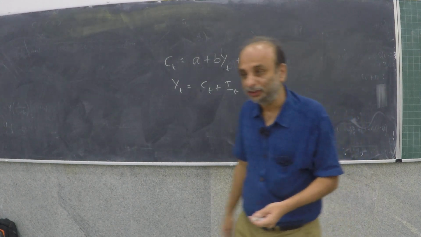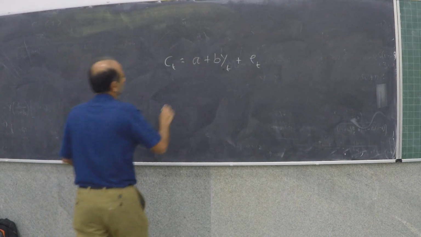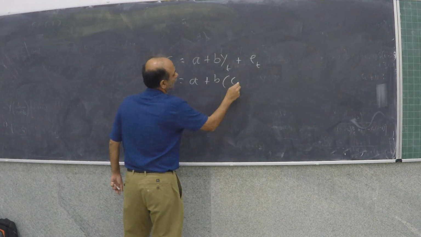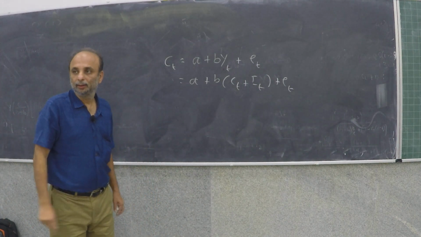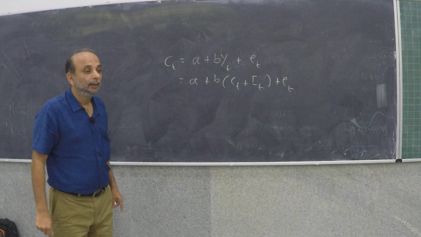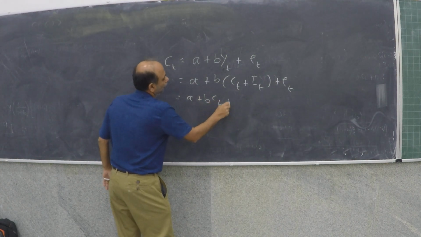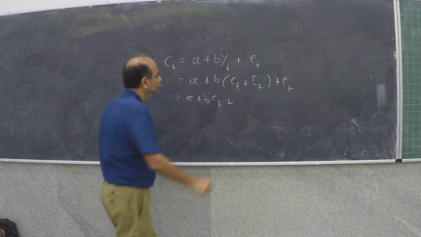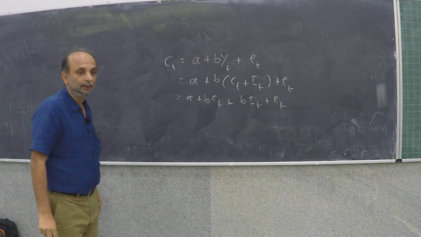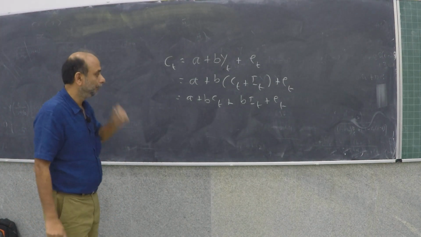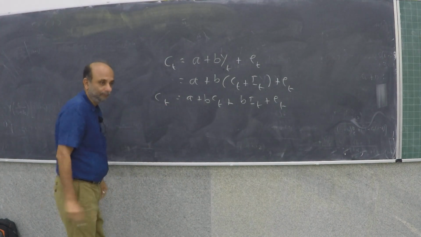Let me look at the first equation, C_t. This can be written by substituting for Y_t, so it becomes a plus b (C_t plus I_t) plus e_t.